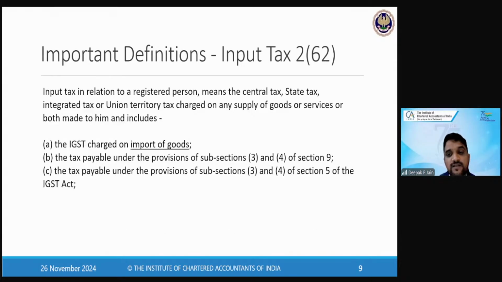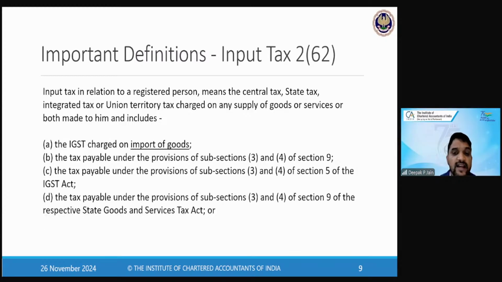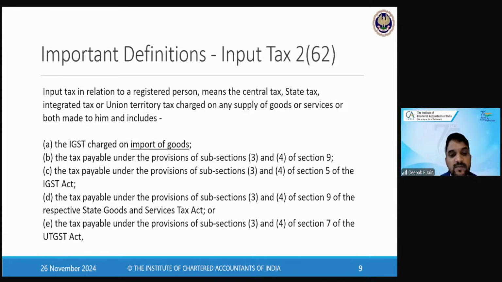The tax payable under 5(3) or 5(4) of the IGST Act, and the tax payable under 9(3) or 9(4) of the respective state act, the tax payable under 7(3) or 7(4) of the UTGST Act. So whatever reverse charge you pay and IGST you pay on imports, that is also input tax. But it does not include the tax paid under the composition levy because there the credit will not be available.